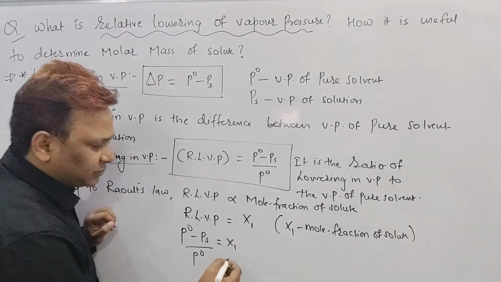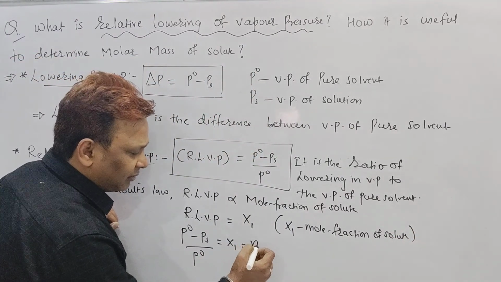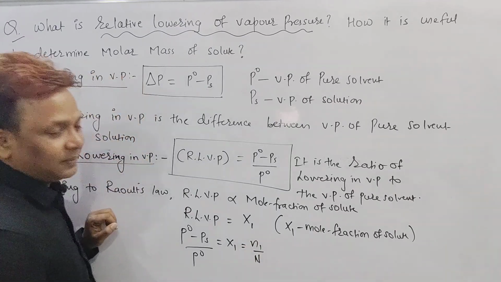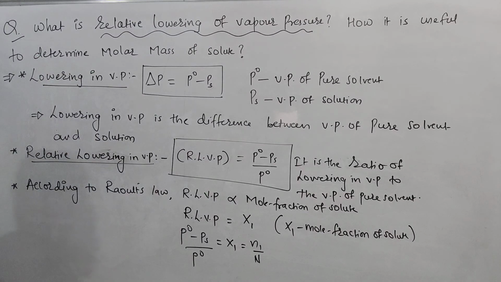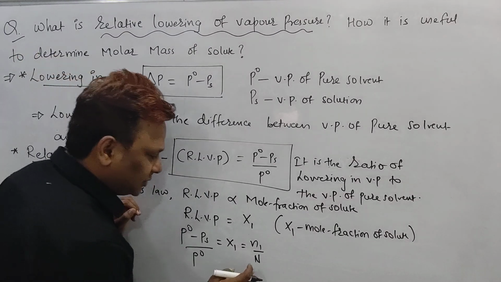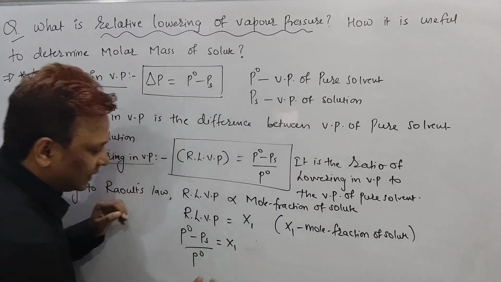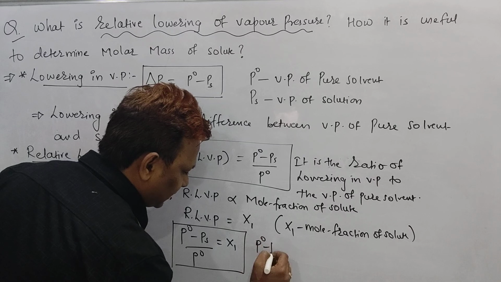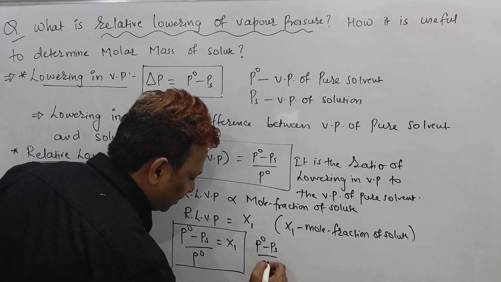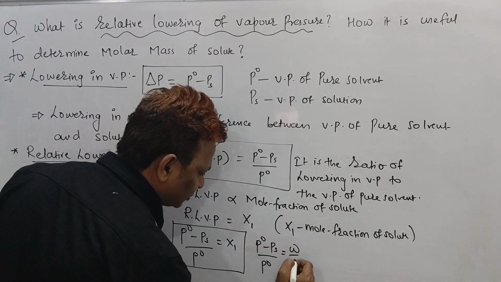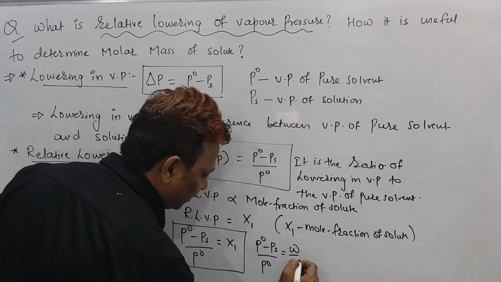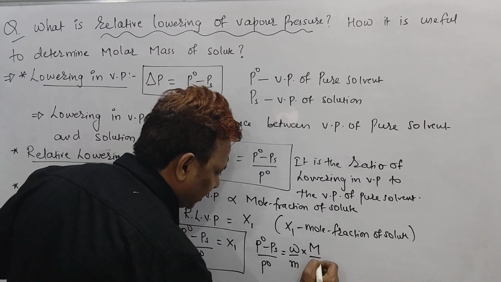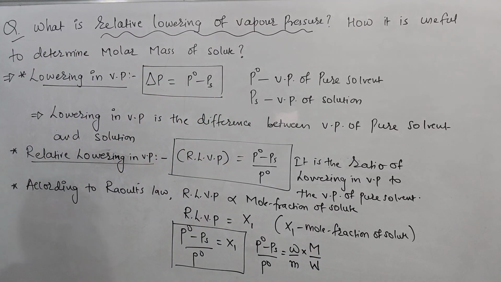In place of X1, we can mention the number of moles of solute by the total number of moles of the components. Or directly we can mention X1, and the formula can be written in this way. P naught minus Ps by P naught equals weight of the solute by molecular weight of the solute, into gram molecular weight of solvent by weight of the solvent in grams.